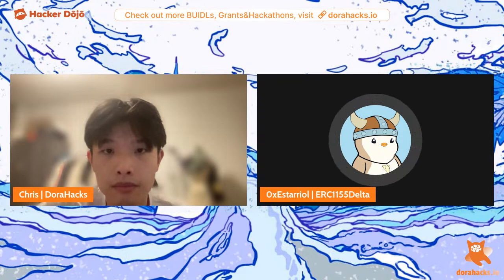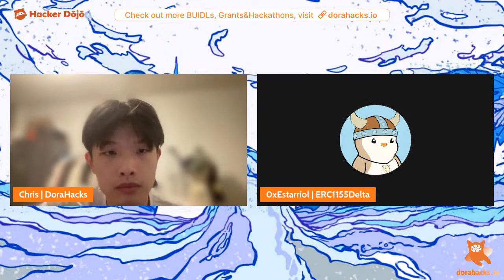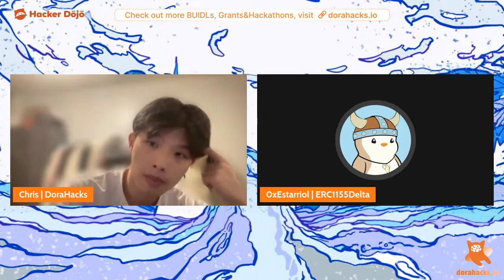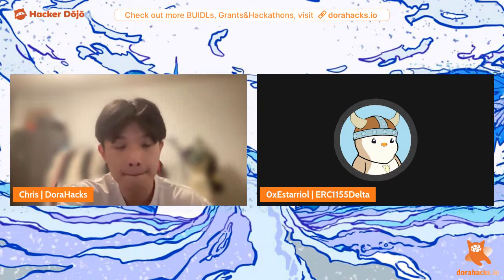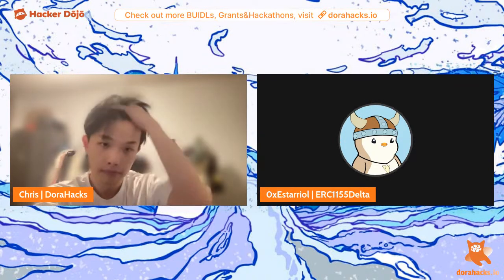These aggregators save gas by combining multiple transactions, right? But if you're using ERC 1155 Delta, you save even more, because even when they are aggregated, ERC 1155 still uses less gas, as it requires fewer operations internally. So users will still benefit from it.